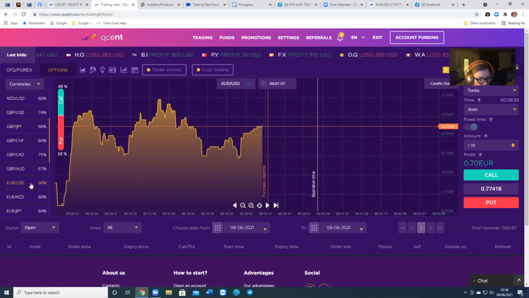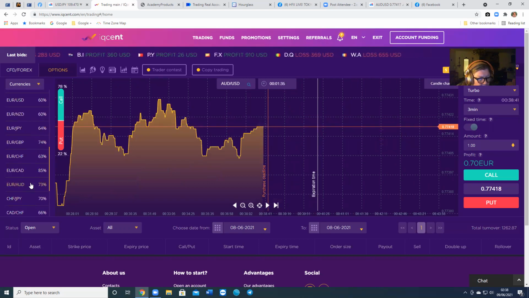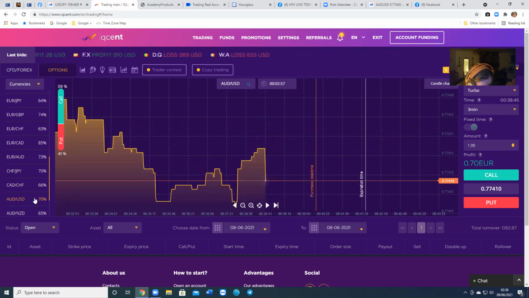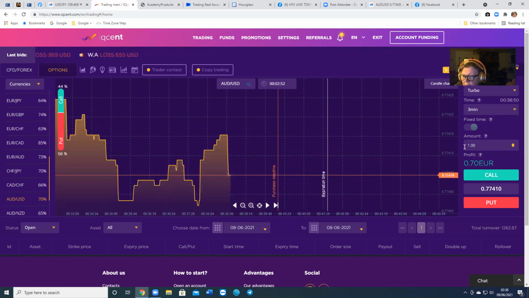So the only one I want to look at is HourGlass on here. That's all I'm going to look at. I'm going to see if we can find a trade on here. I can put that on 10.